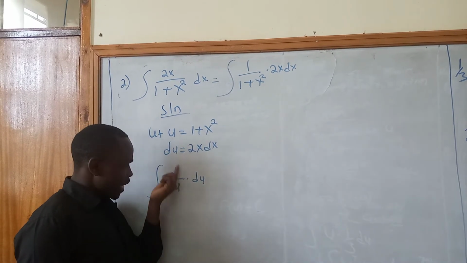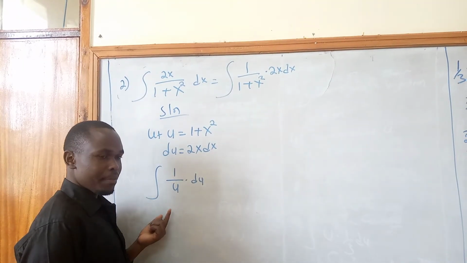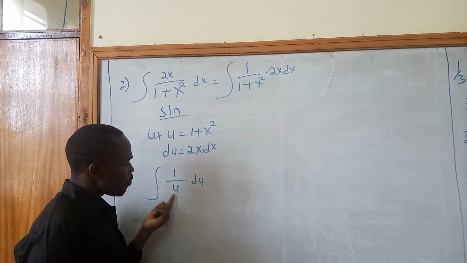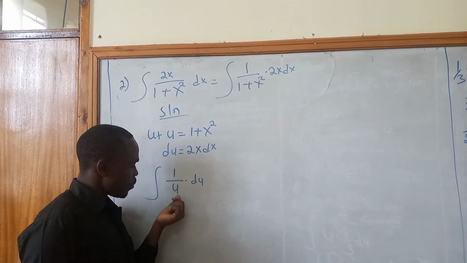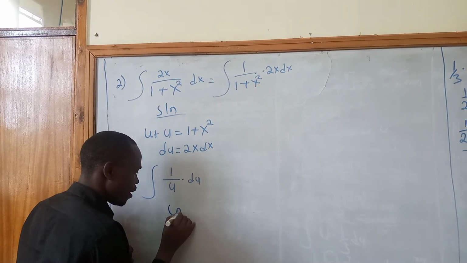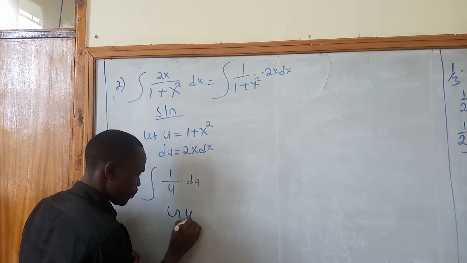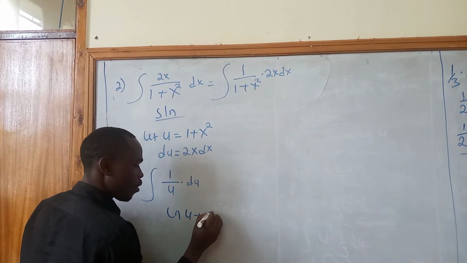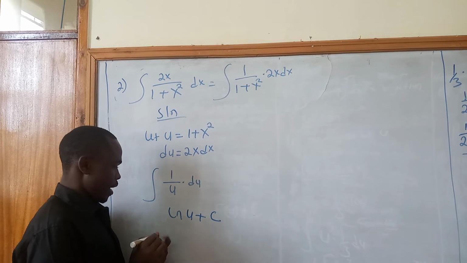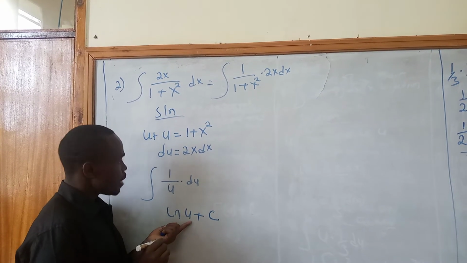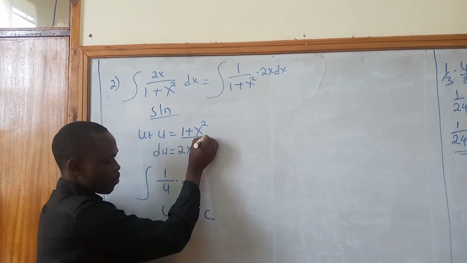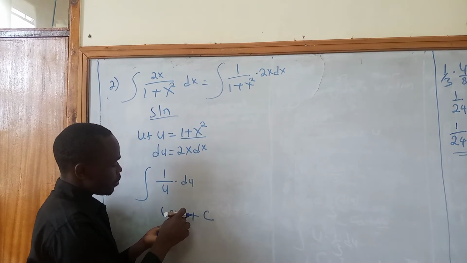Then I do the integration of this. Remember, the integration of 1 over u is the same as the ln of u. Then I add a constant c. Having said that, in place of u, we know it is 1 plus x squared. Then I substitute here.